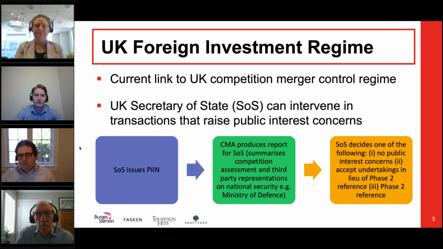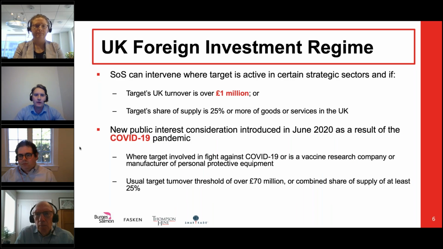Moving on to the next slide, there are actually already a number of sectors in which the Secretary of State can intervene under the existing regime, and this list was expanded last year, where the target is active in military or dual-use products, computer hardware, quantum technology, artificial intelligence, cryptographics, advanced materials.